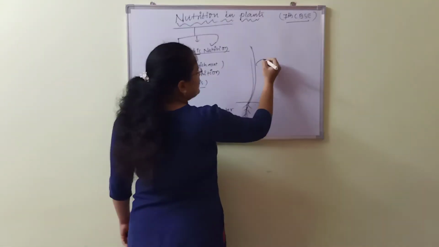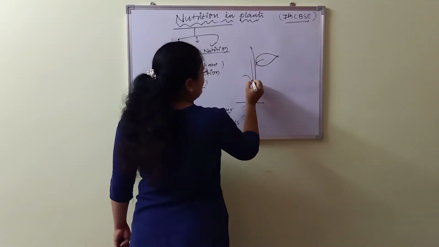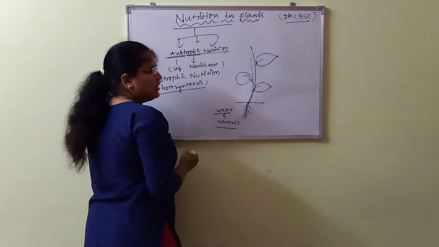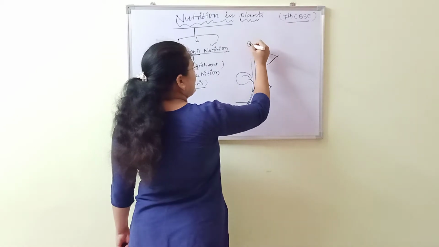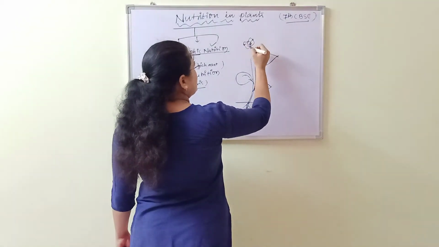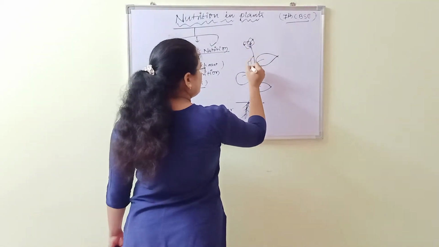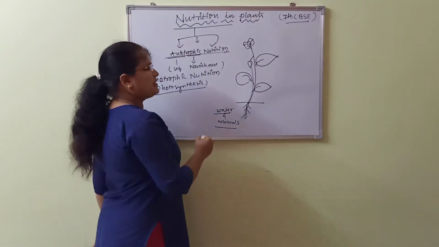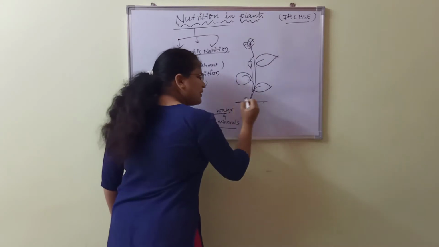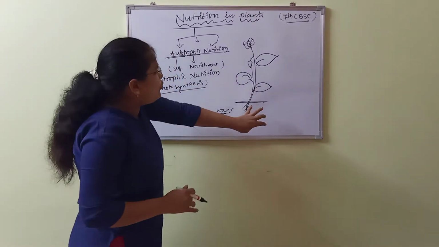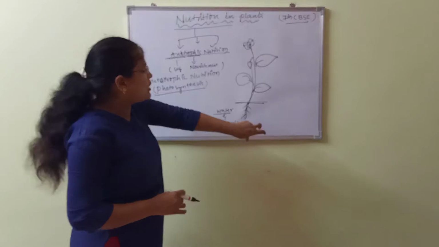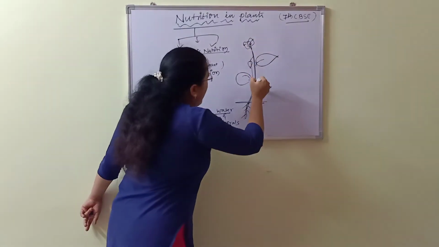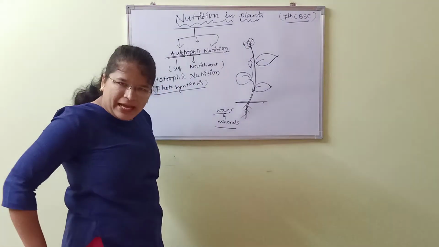Here, the plants have different kinds of organelles. Why I am telling you all these things is that the plant is differentiated into two parts. How the roots are maintaining and protecting the plant, likewise the shoot part is also helping the plant.